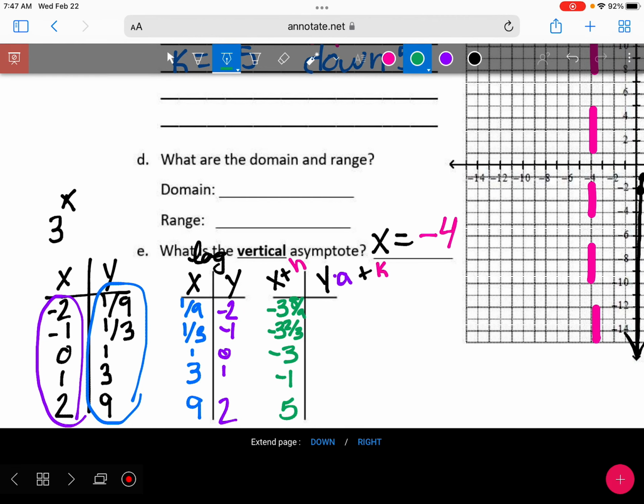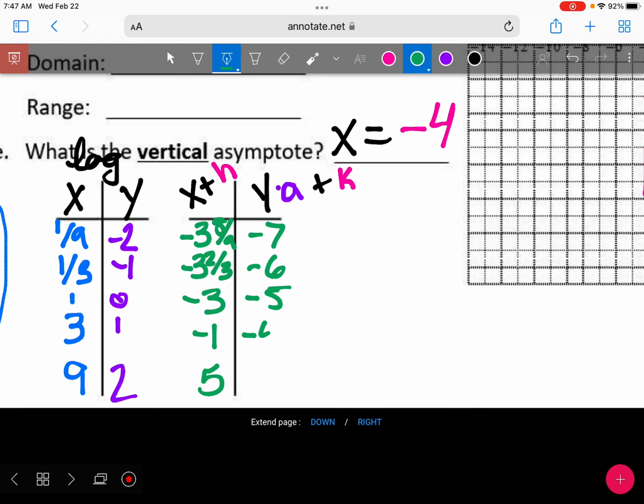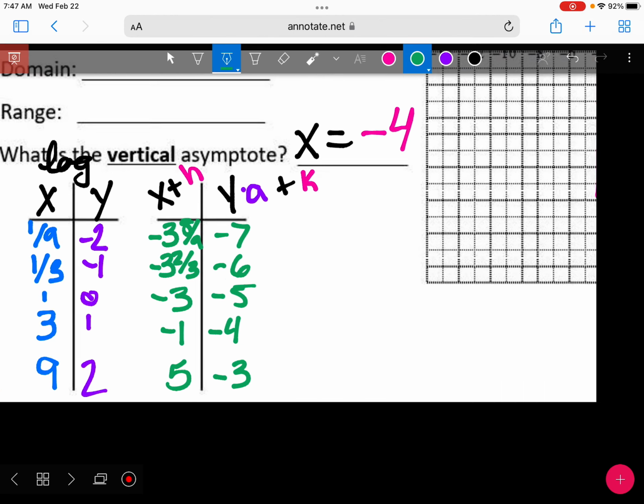So -2 plus -5 is -7. -1 plus -5 is -6. 0 plus -5 is -5. 1 plus -5 is -4. And 2 plus -5 is -3.